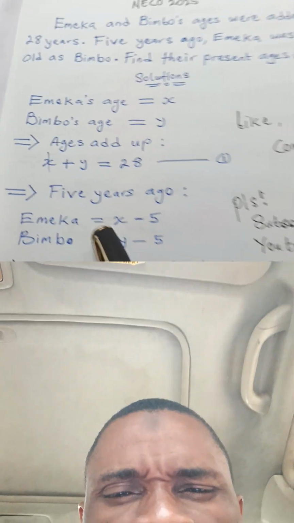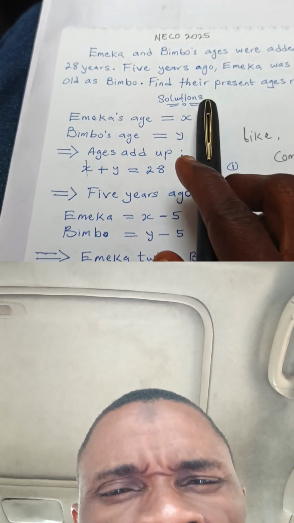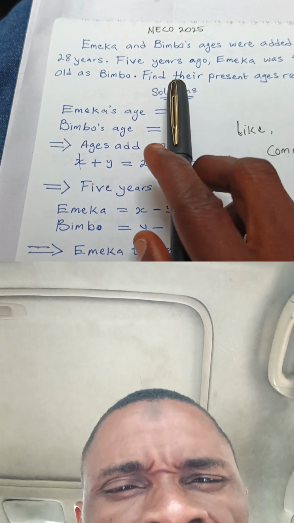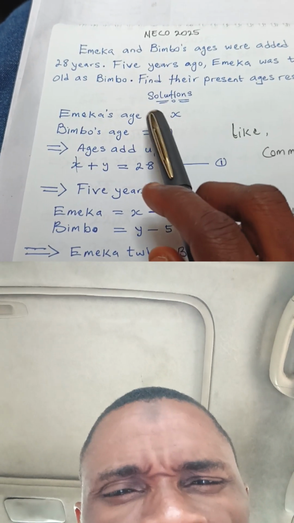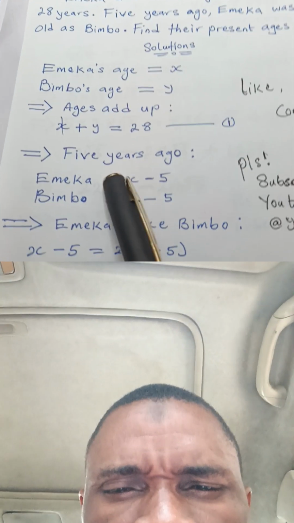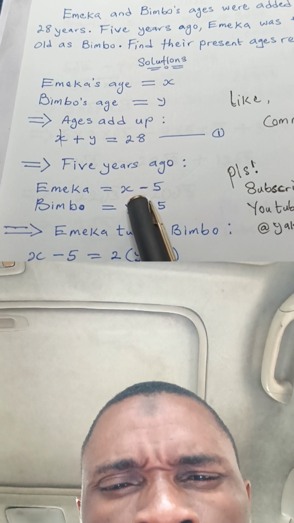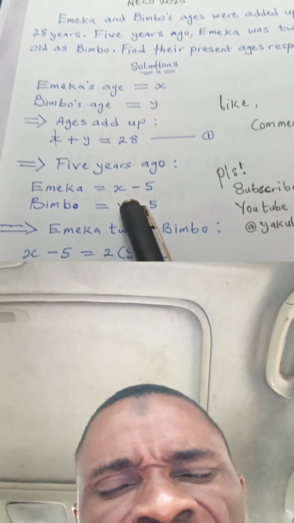Now, 5 years ago, they were telling about something that happened to their age 5 years ago. Ago means something past.